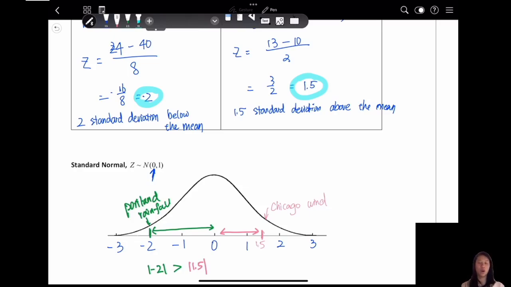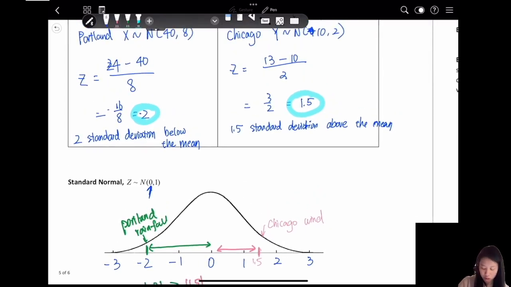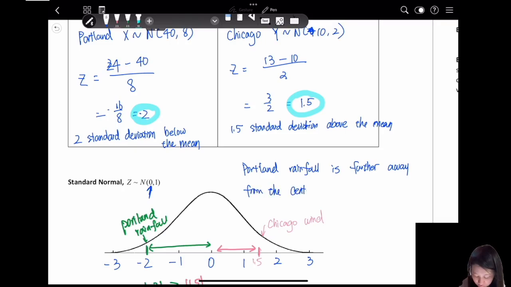So that means the Portland rainfall is more extraordinary because it's further away from the center, which is the mean. Okay, so now we can conclude that the Portland rainfall is further away from the center, which means it's more extraordinary.